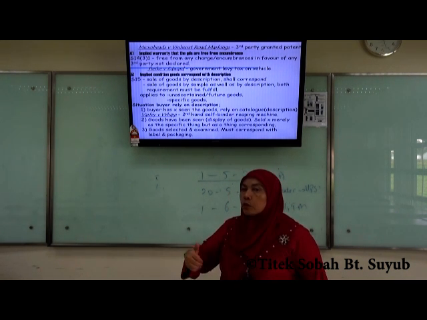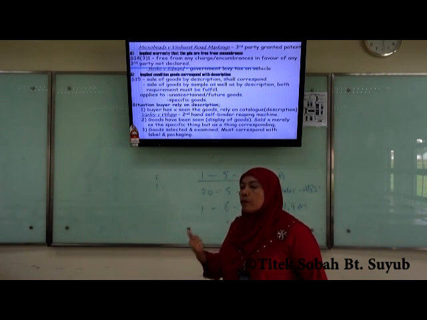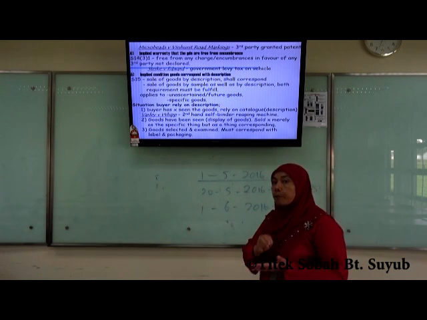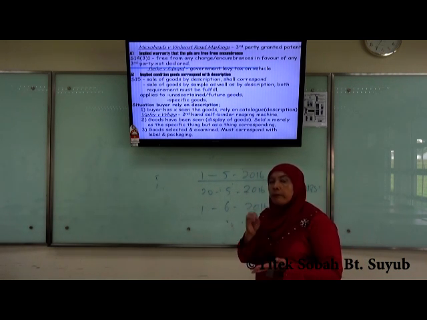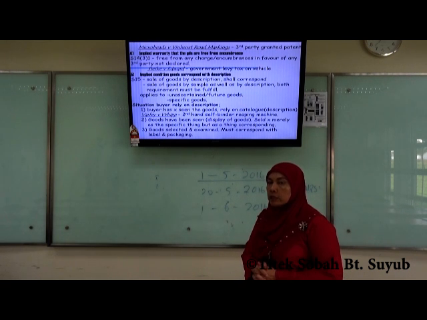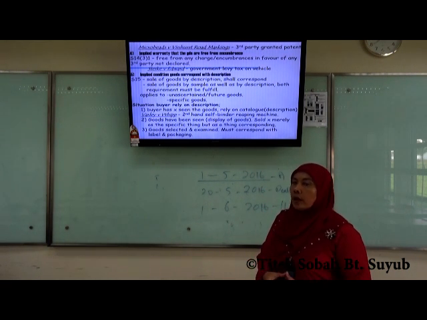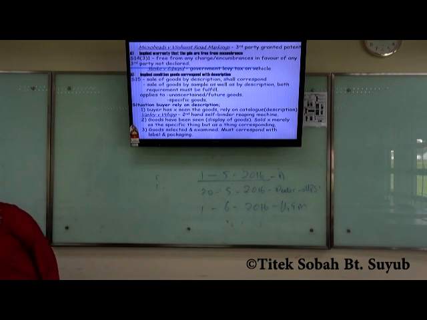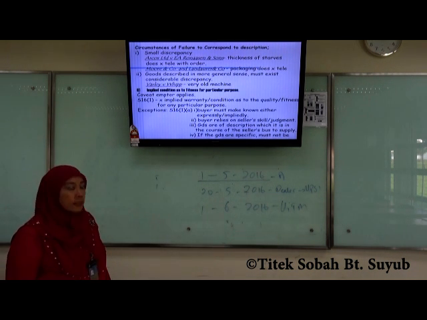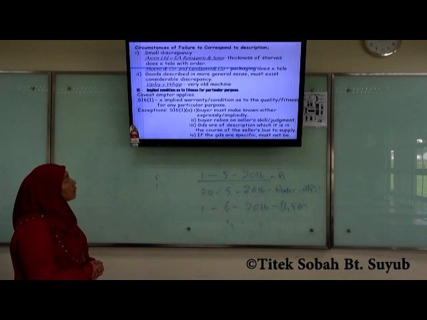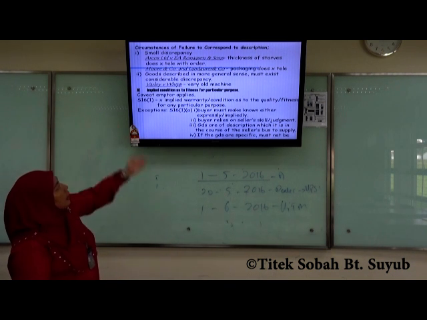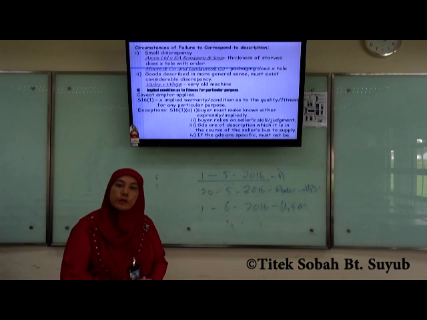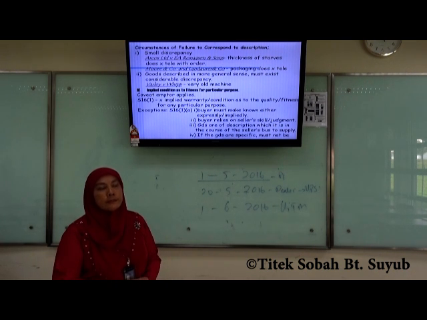When I took it back home, it only consisted of 24 oranges. Meaning it does not correspond with the label, with the packaging of the said oranges. Under that situation, I can also rescind the said contract because it does not comply with the description. So these are the circumstances whereby we can say that the goods do not correspond with the description.